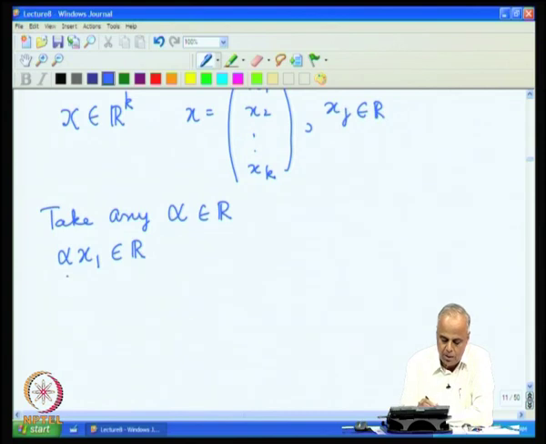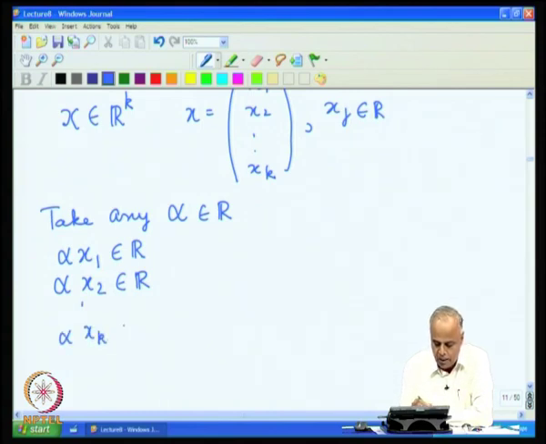Similarly, the product of alpha and the real number x2 is well defined, and that is a real number, and so on, and alpha xk is a real number. Therefore, starting with these real numbers x1, x2, xk, multiplying each one of them by the real number alpha, we got k new real numbers alpha x1, alpha x2 and alpha xk.